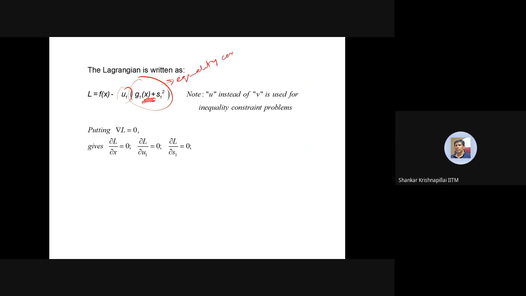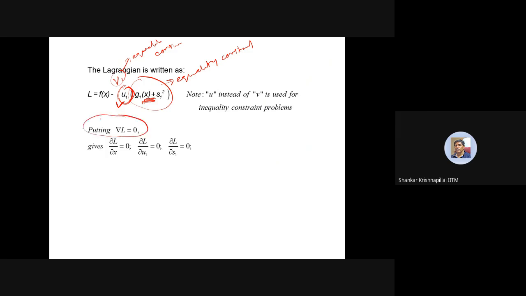So we can use the same approach as the equality constraint which we used in the previous slides. Then instead of the term nu, we use u1 for inequality constraints. So nu is for equality constraints.